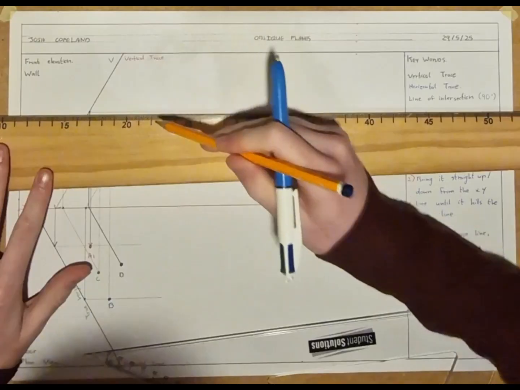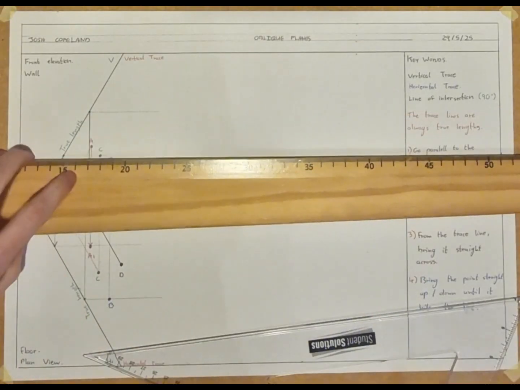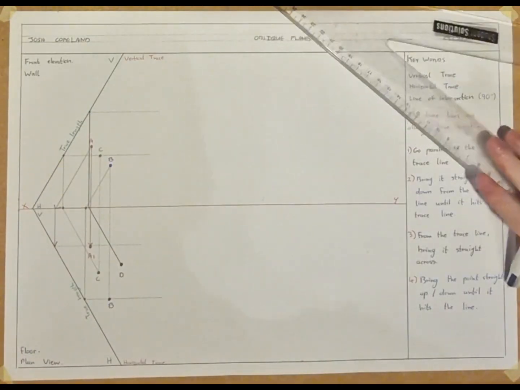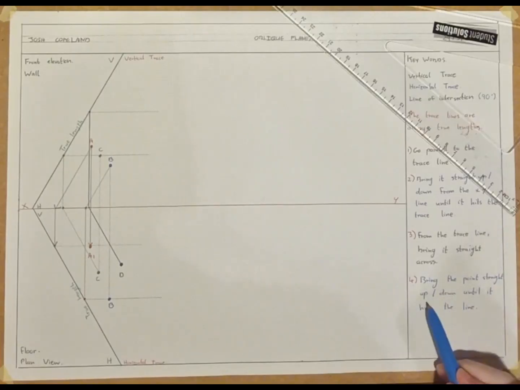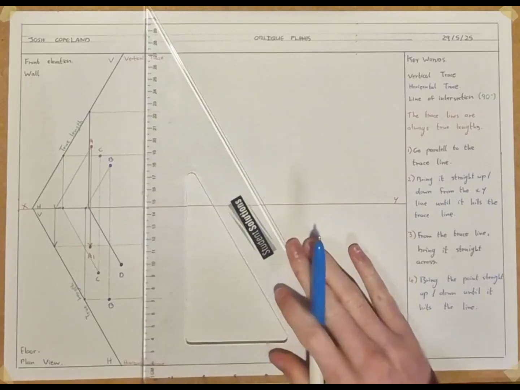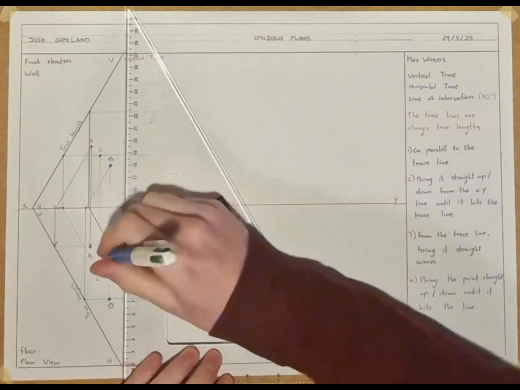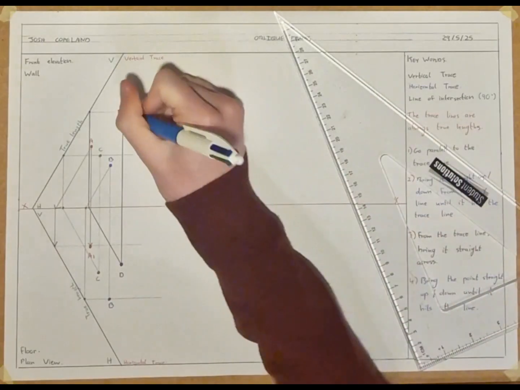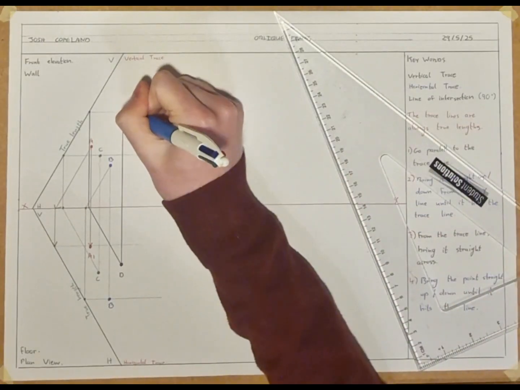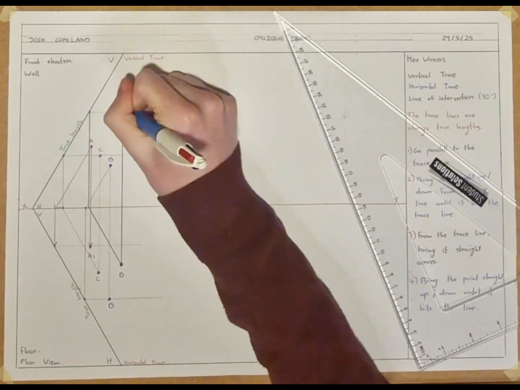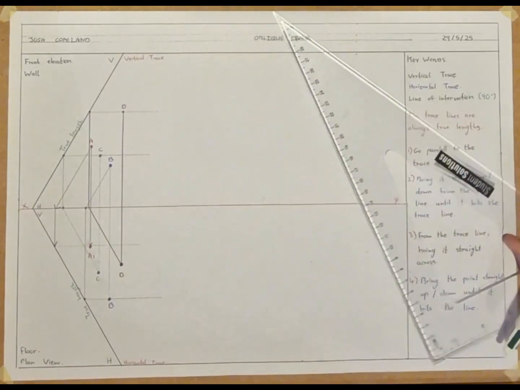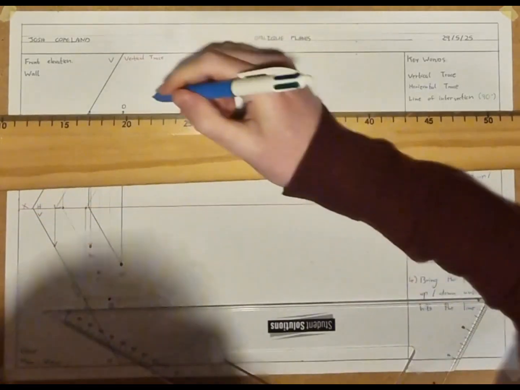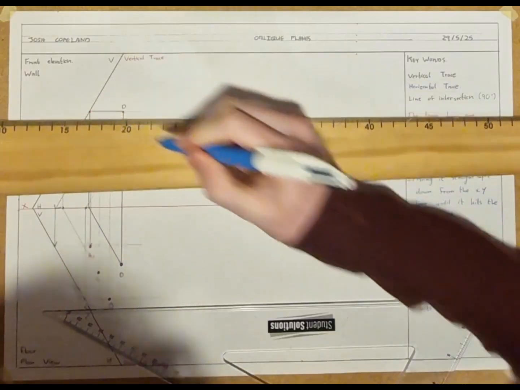Bring it straight across. And now, point 4, bring the point straight up or down until it hits the line. So here, we're just going to bring it straight up until it hits the line. And here we have determined that this is D. And now, just for the sake of continuity, I'll heavy this section in here.